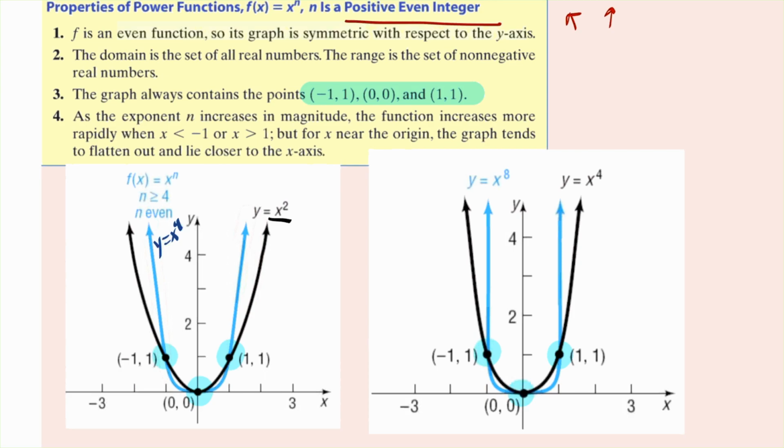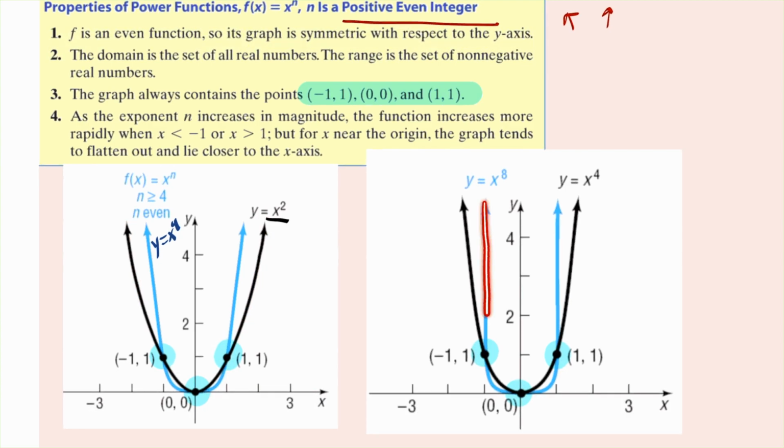Then if we compare in this other drawing x to the fourth and x to the eighth, we can see that x to the eighth, which is in blue, is even more flat on the bottom. And it's even more near vertical on the sides. So this is just a compare and contrast of our typical parabola versus something that has a much higher even power, like y equals x to the eighth.